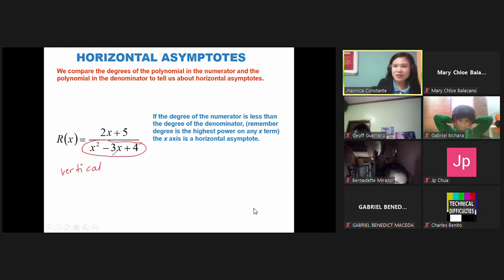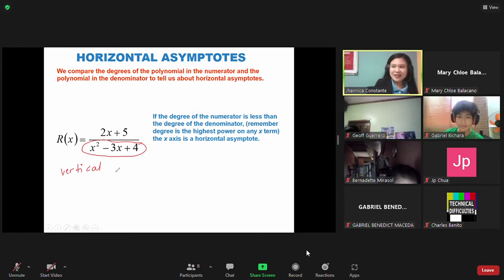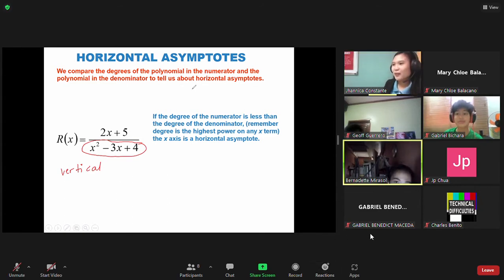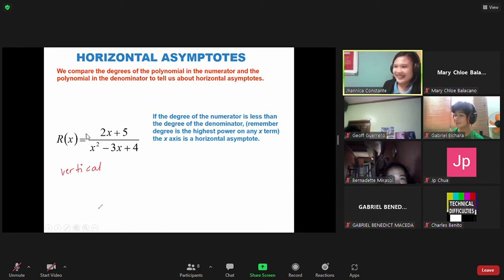Do we have the same factor? Yes or no? Is it the same factor as before, x minus 4, x plus 4? Sure? What is the factor of x squared minus 3x plus 4, for us to get the vertical asymptote?